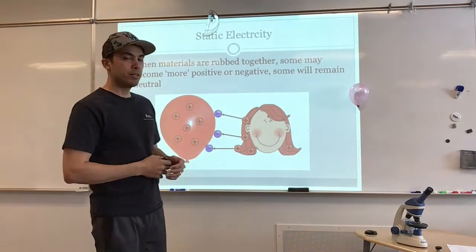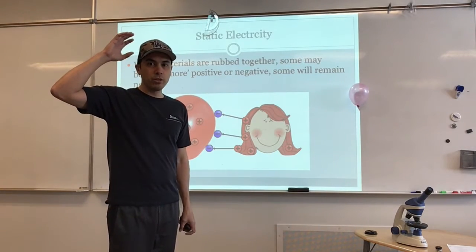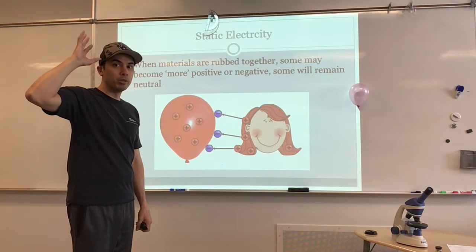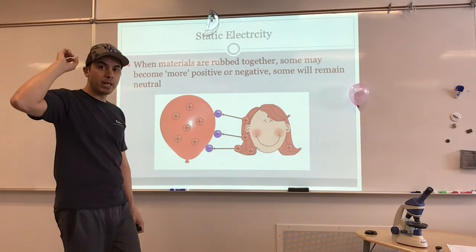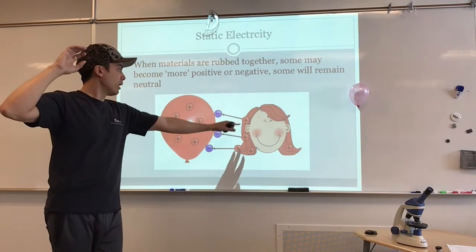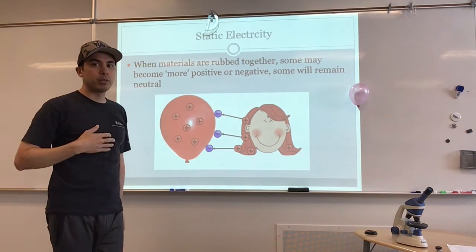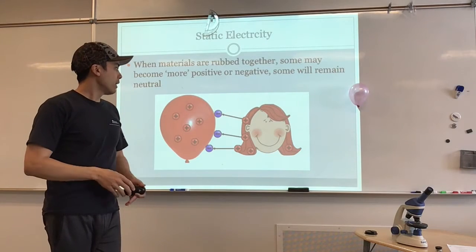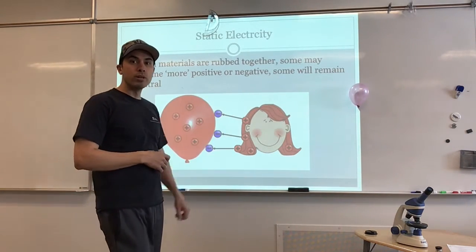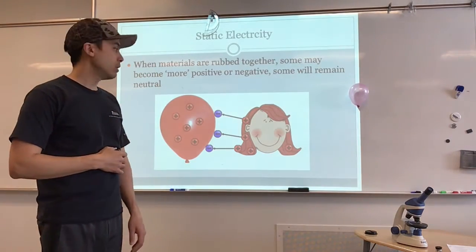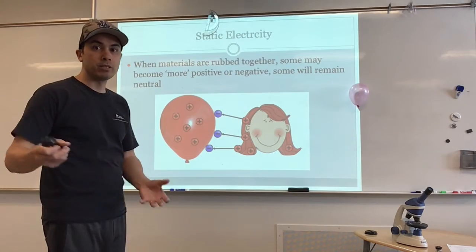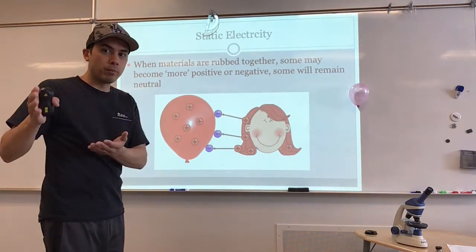Just now, you saw the effects of those electrons. Well, you didn't see them because I didn't see them either, but we can see their effects. They moved from my hair to the balloon when they were in contact, and as a result, there were more negative charges in the balloon than there normally would be.